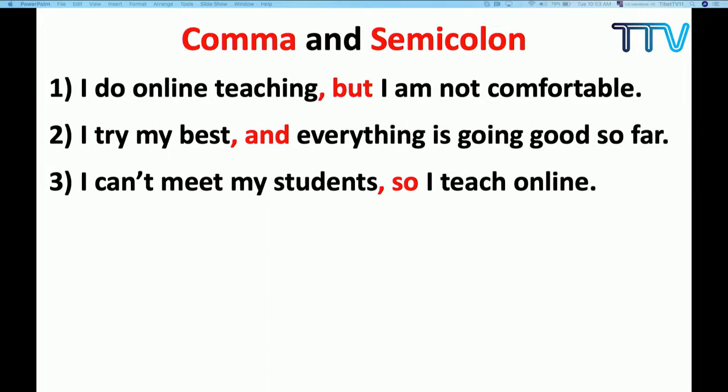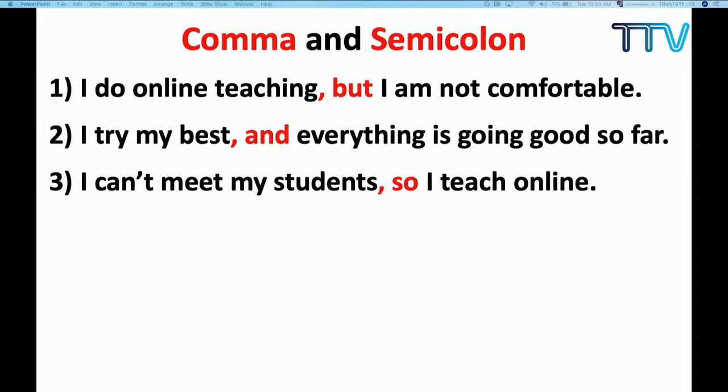Now, when you use this connector to join two sentences, we have to be very careful about the punctuation marks. For example, I do online teaching. We have the connector but. Sometimes we neglect that comma. Here it's important for you to use the comma before the connector.